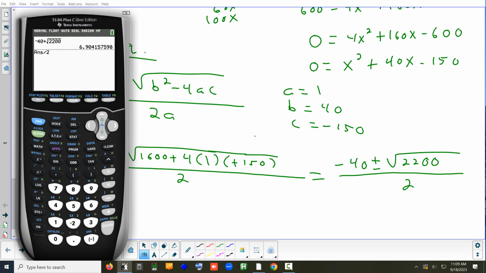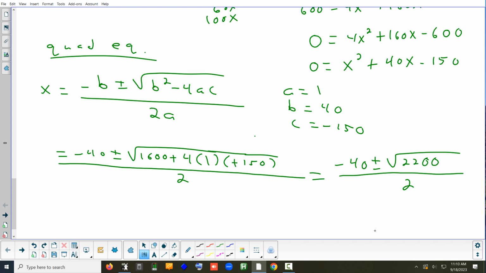And then I divide it by 2 after. I'm doing it that way because I didn't use parentheses and I didn't want to go back and fix it. So when you type that in, you should get about 3.45. Yeah? Why did the 4 change from negative to positive? Because I'm subtracting a negative number. Oh. Because c was negative. Yeah.